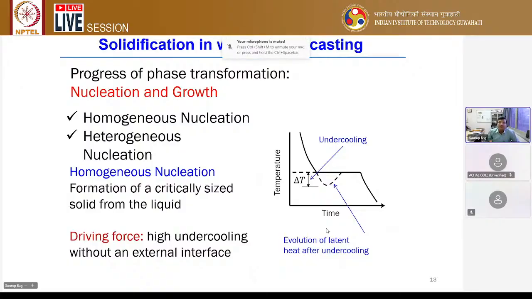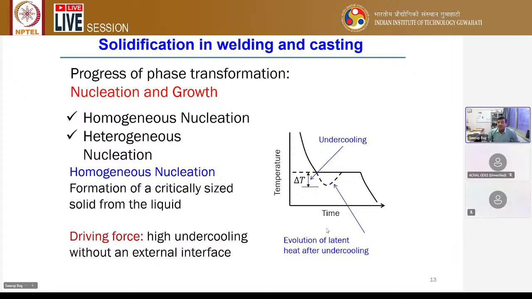Now, in solidification, the progress of the phase transformation is basically nucleation and growth, but nucleation might happen by a homogeneous nucleation process or a heterogeneous nucleation process. Homogeneous nucleation is basically the formation of a critically sized solid from the liquid, and of course in this case undercooling is the main driving force. Whereas in the heterogeneous nucleation process, we need some kind of external interface to start nucleation.